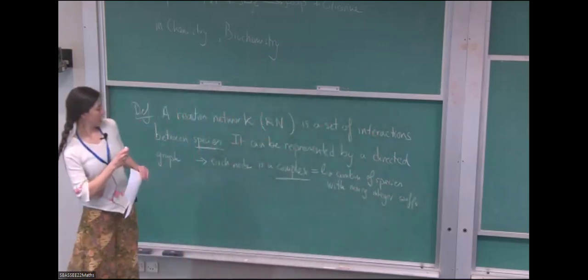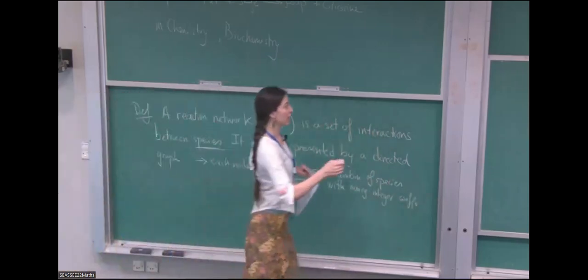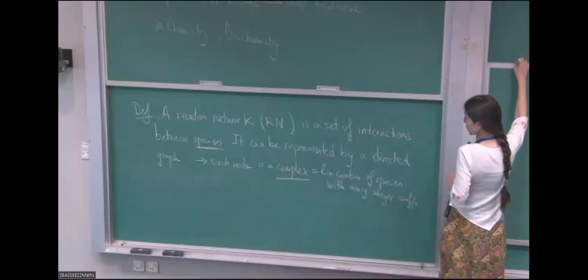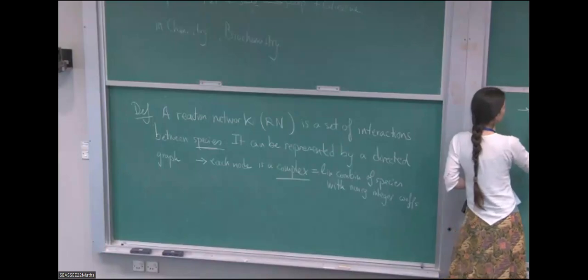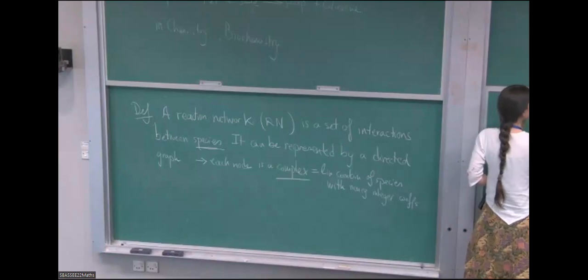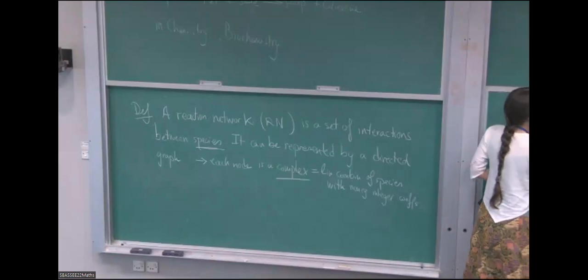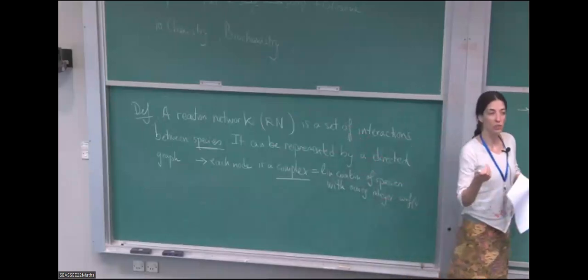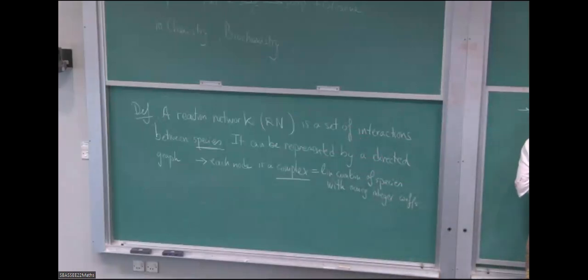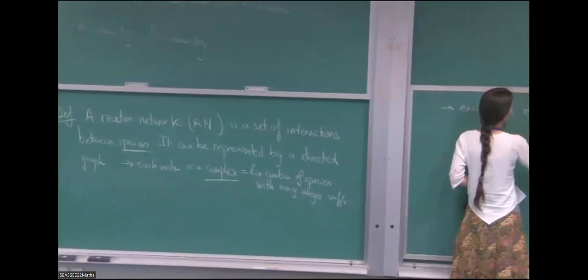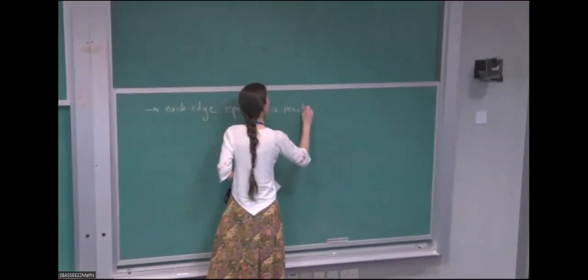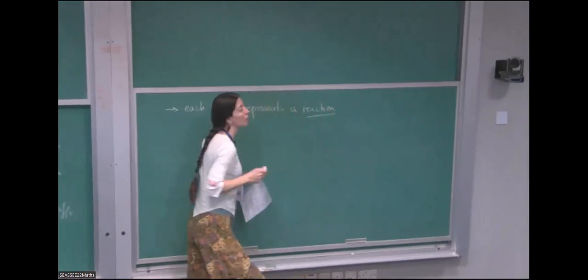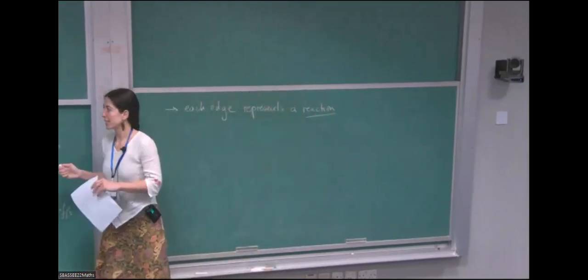And I don't know if you can see below this, maybe I go to the other side. So these are the nodes. And then each edge represents an interaction, so a reaction, that takes place between two complexes.